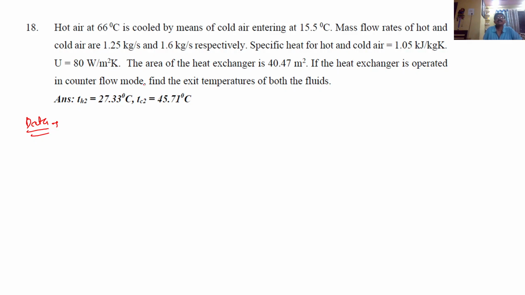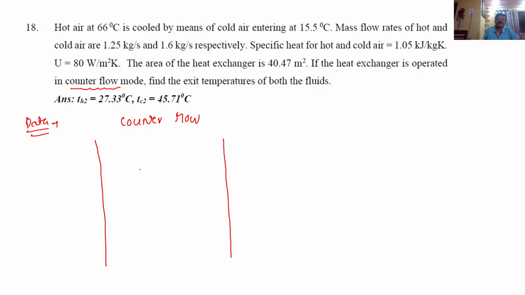Hot air at 66 degrees Celsius is cooled by means of cold air entering at 15.5 degrees Celsius. First find out the type of heat exchanger. Check it. Mass flow rate of hot and cold air. Specific heat for hot and cold air. U is given. Area is given. If the heat exchanger is operated in, yes, counter flow. So the type is counter flow.